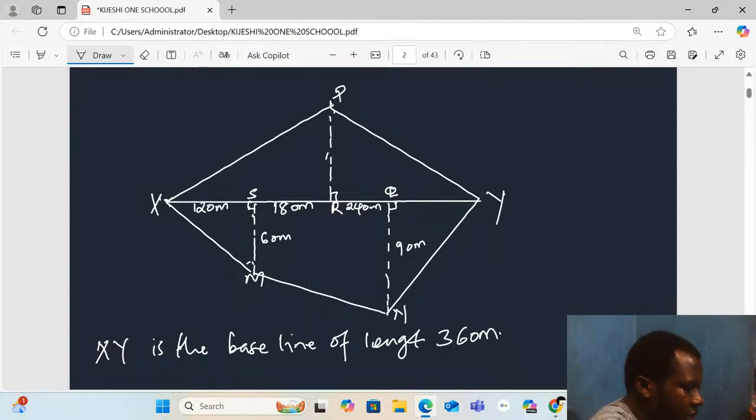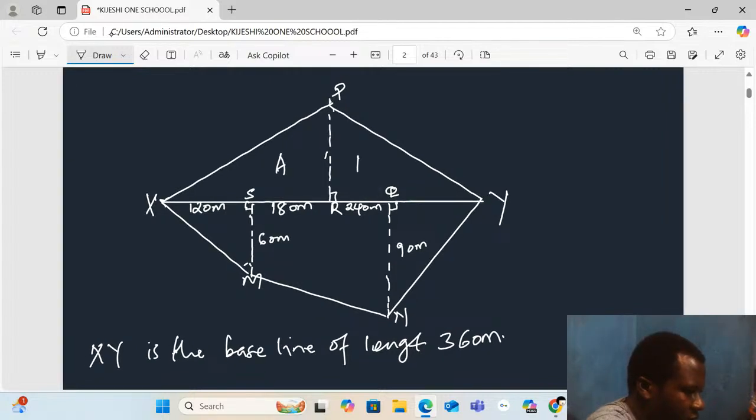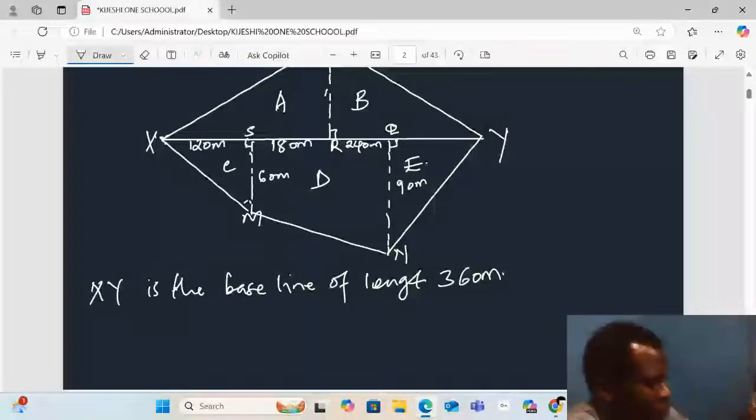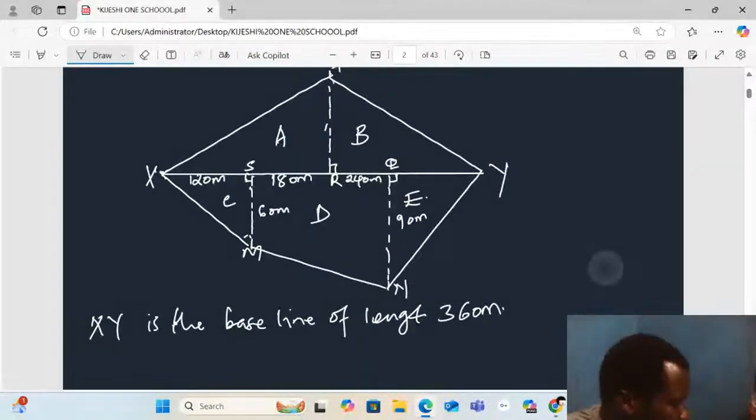So we have triangle A, then B, then C, then trapezium, let's call it D, and another triangle E.